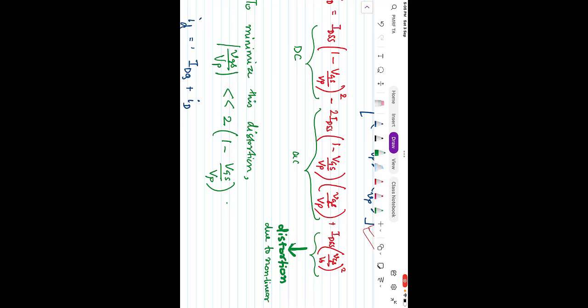Non-linearity. Now to minimize this distortion, we have to follow this equation. So this can also be asked, like, to minimize distortion what needs to be done. So this is what needs to be done.